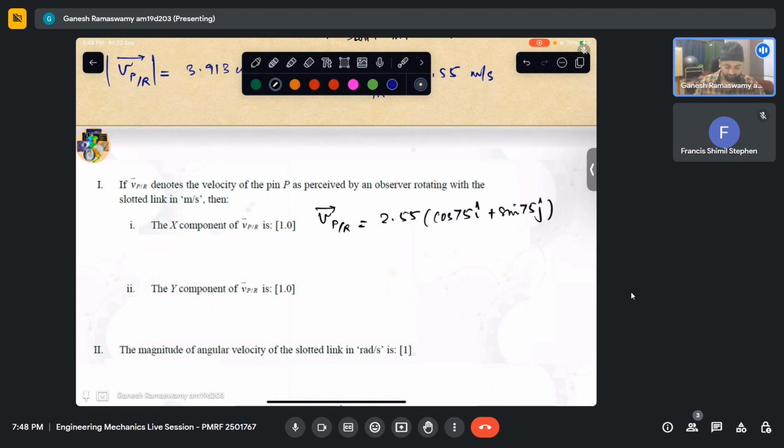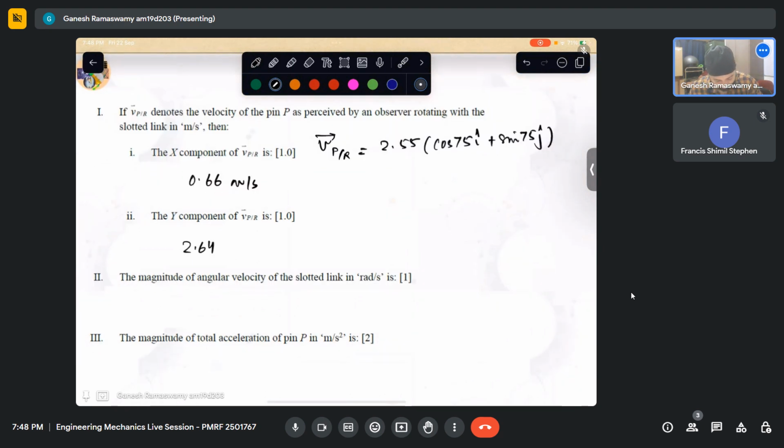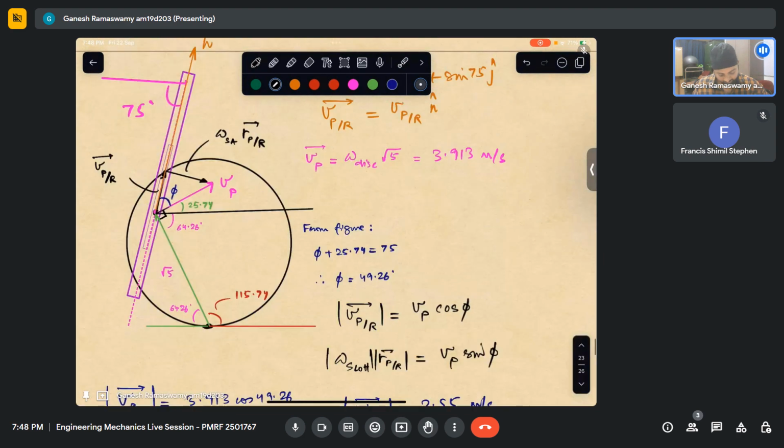So what is the x component of this? Cos 75. The x component is 0.66 meters per second, and the y component is 2.643 meters per second. So these are the two components.